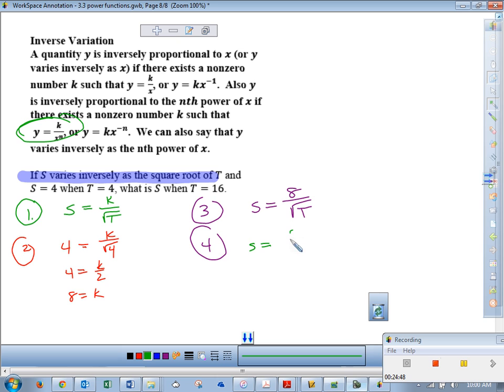S equals 8 over the square root of 16. If you do a little mental math, I don't have a problem with that. That really says 8 over 4, correct? What's 8 over 4? 2. If you want to write 8 over 4 and then change it down to S equals 2, I'm cool with that also. Inverse, variable downstairs. K always upstairs. Okay? My math lab.